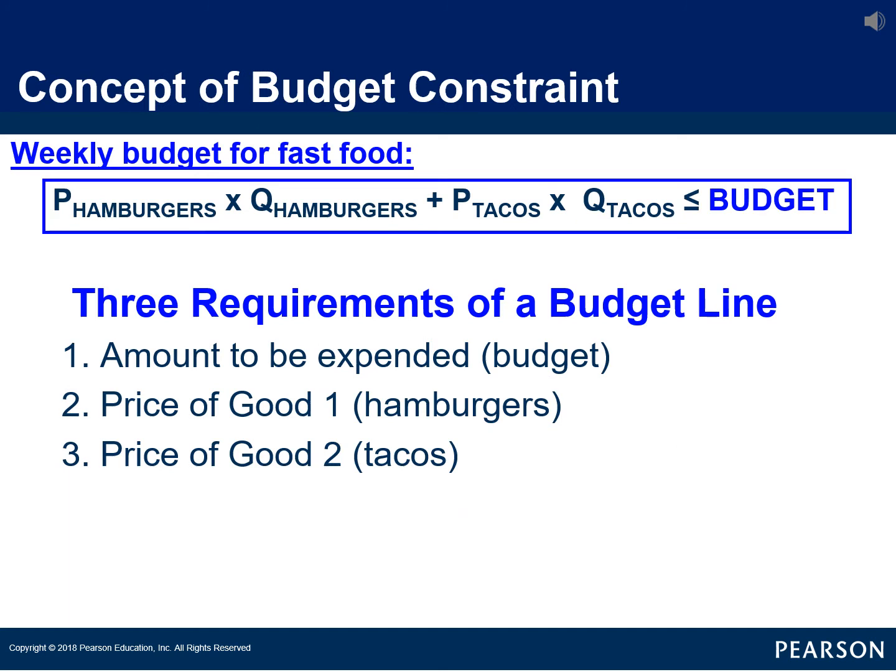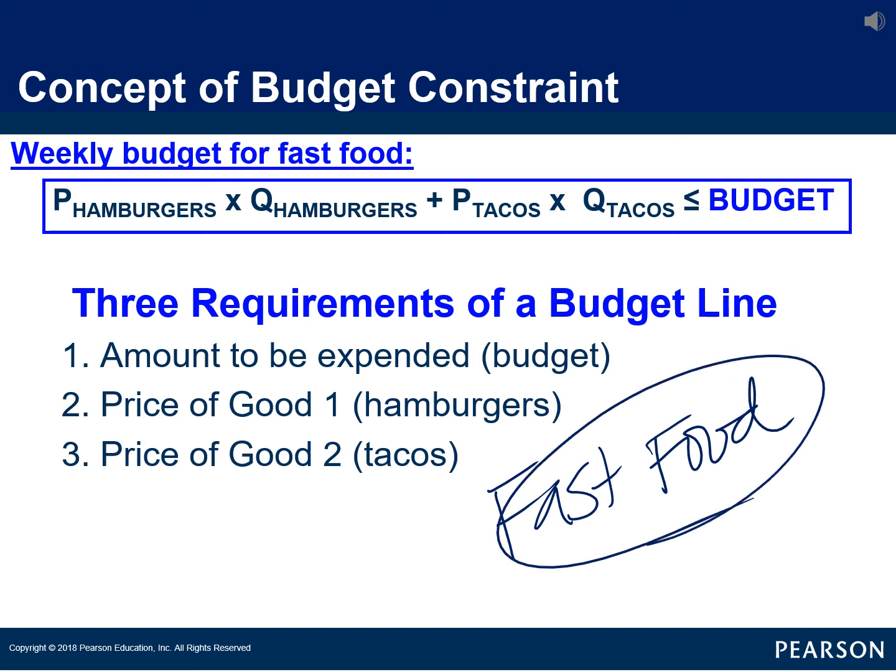So a budget in general is the amount of money that we are willing to spend on a particular item or category of items. Since we've been dealing with tacos and hamburgers, let's just call this our fast food budget. In order to create a budget line for fast food, or for hamburgers and tacos, we need 3 pieces of information.